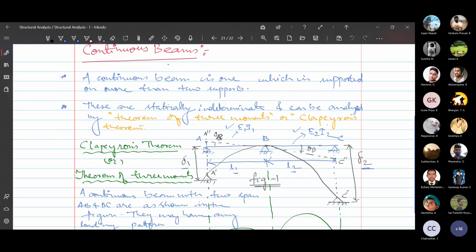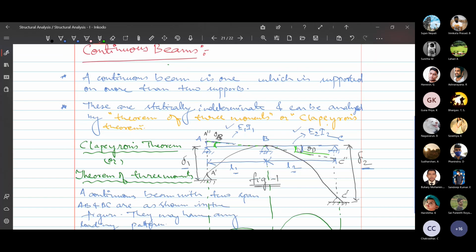Now, who can tell what is theta B? Since this is a tangent, this angle and this angle will be equal.